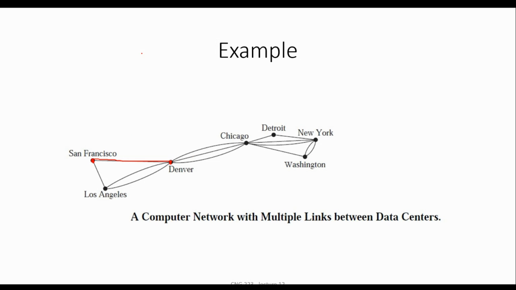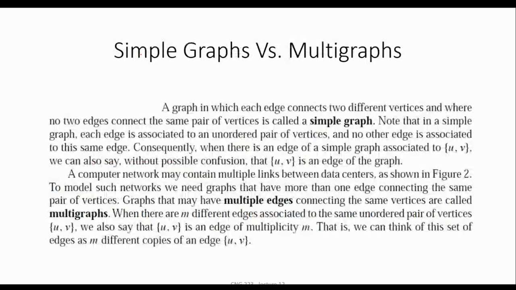There are different types of graphs. Let's go through them one by one because it's important to distinguish between them. What do we mean by simple graph? It means that it's not possible to have a loop.